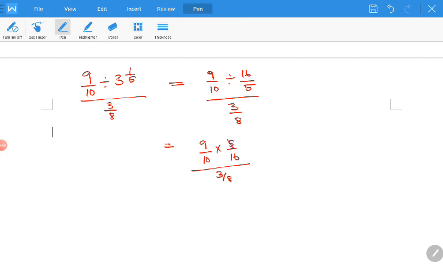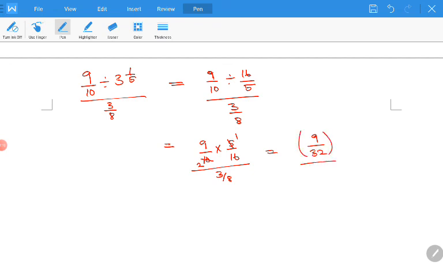So 5 into 5, that's 1. 5 into 10 gives us 2. And we are done. So this is then equals to 9/32.